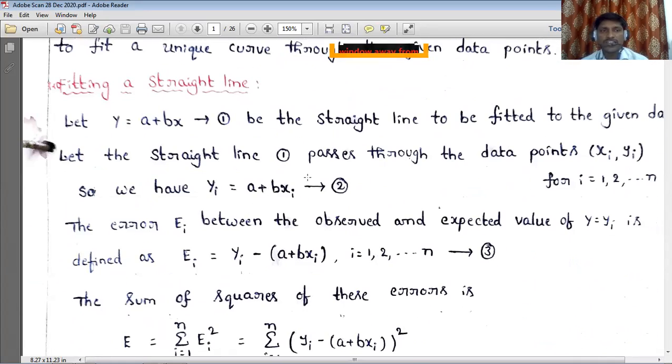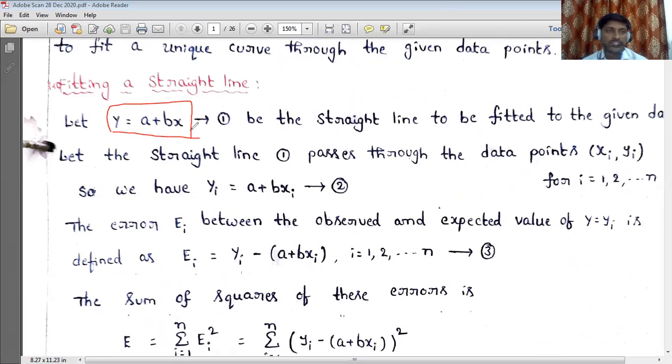So first here, let y is equal to a plus bx be the straight line to be fitted to the given data. So first we are taking one straight line, y is equal to a plus bx, as the assumption to be fitted to the given data. And one more thing, don't learn it by heart. Here y and x are not fixed, and a and b are also not fixed.